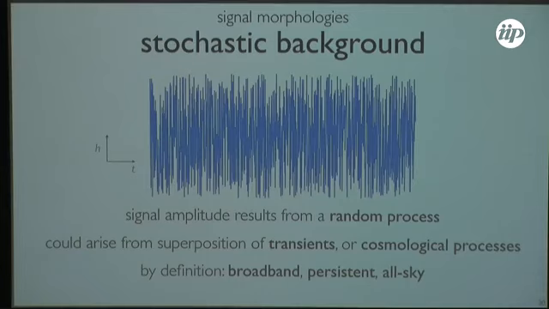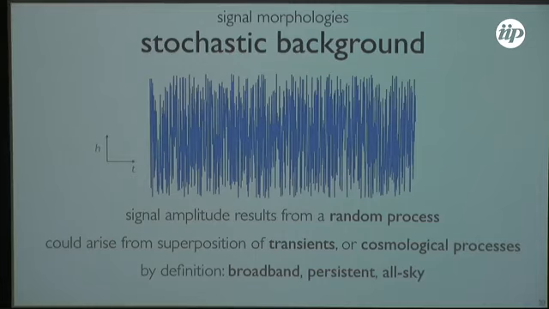So, just to review, we have transient sources, which includes the well-known compact binaries. It could also include signals that we don't have models for, like signals from supernovae or other more extreme objects. These all have in common that they're very short and loud.